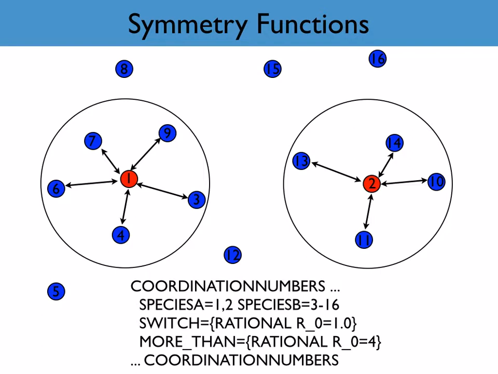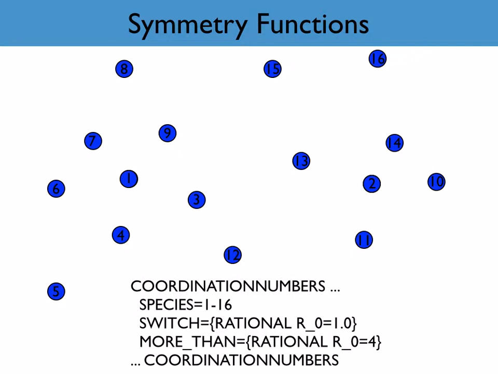As such, the quantity calculated by this command is equal to 2. Changing this input slightly, we can calculate the coordination numbers for all of the atoms in this system and can once again calculate how many coordination numbers are greater than 4.